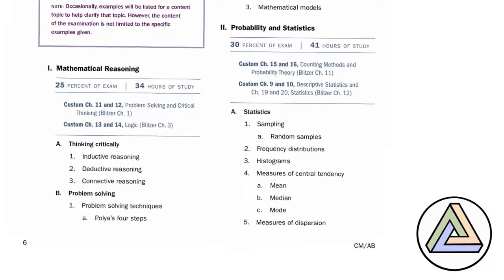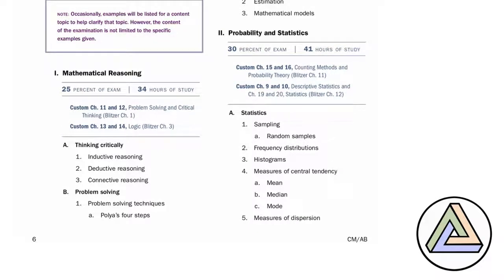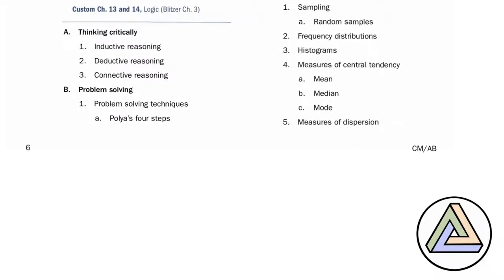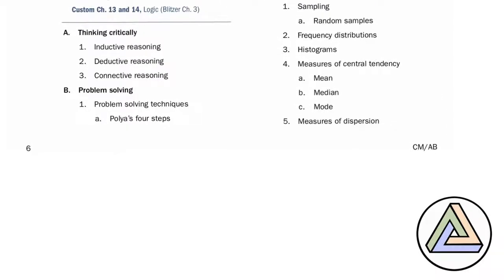So let's take a look at Part 1A: thinking critically, inductive reasoning, deductive reasoning, connective reasoning. Basically, with this stuff, what the test creators want you to know, in general, is the difference between inductive, deductive, and connective.